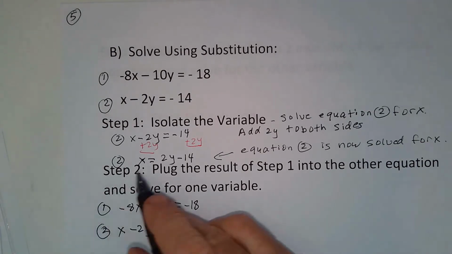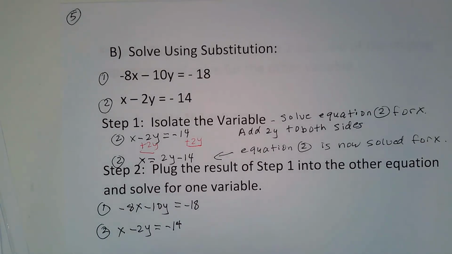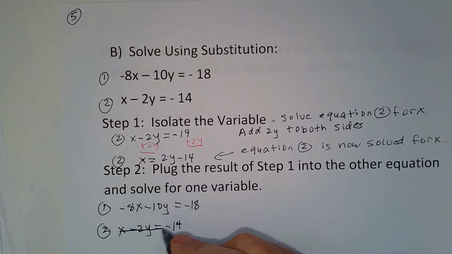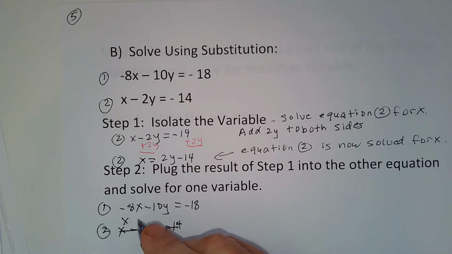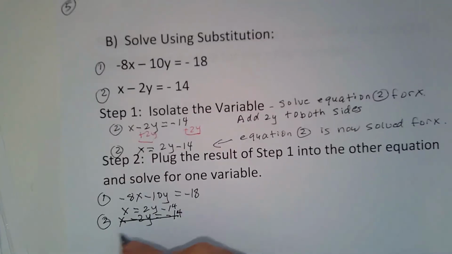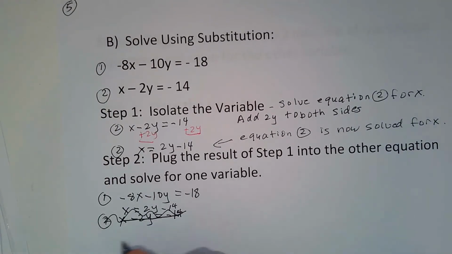Now notice again, that's equation 2, and it should be set up solved for x. So we want x equals 2y minus 14. Okay? And I'm going to bring that down. Let's just make it a little cleaner. So my equation 2 again is x equals 2y minus 14.